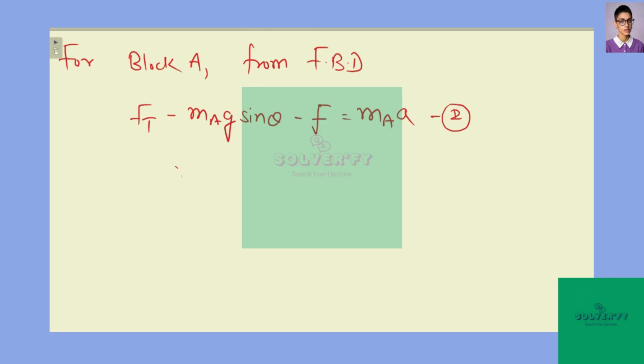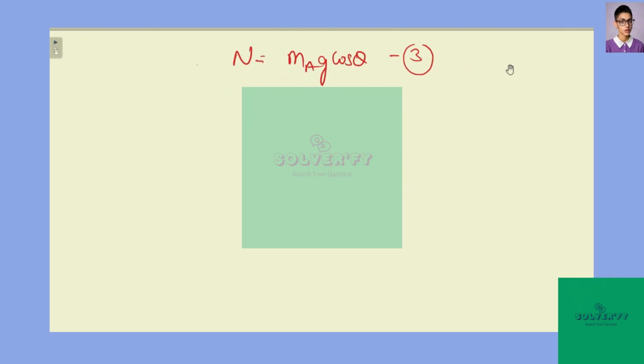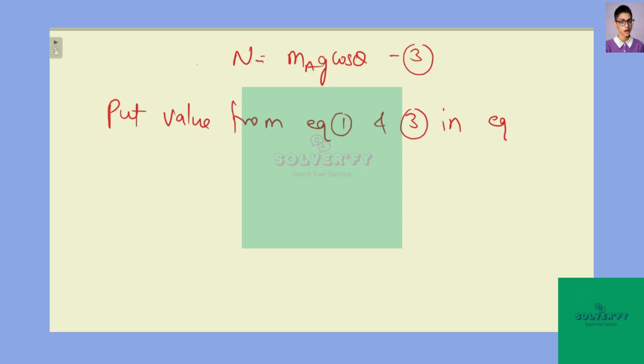And we can say that the normal force N equals ma g cos theta. Let this be our equation third. Now put all the values in equation second, from equation 1 and 3.